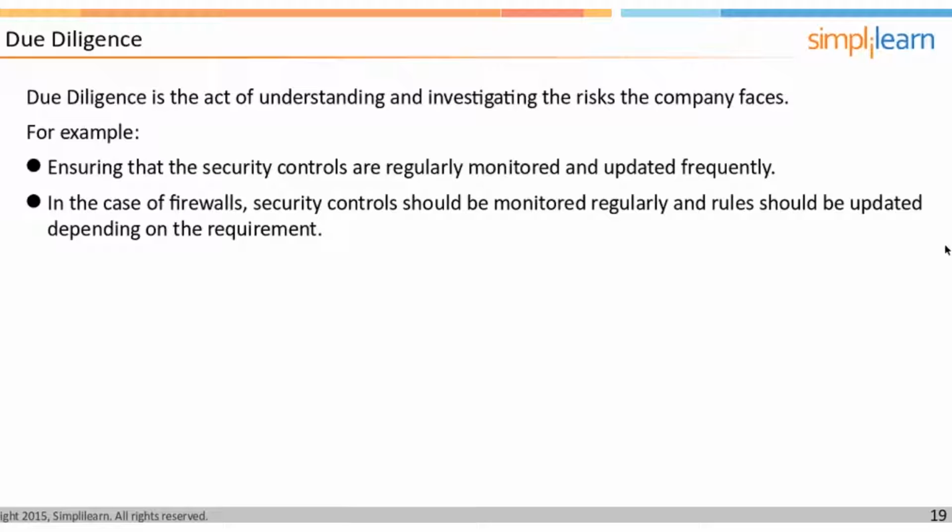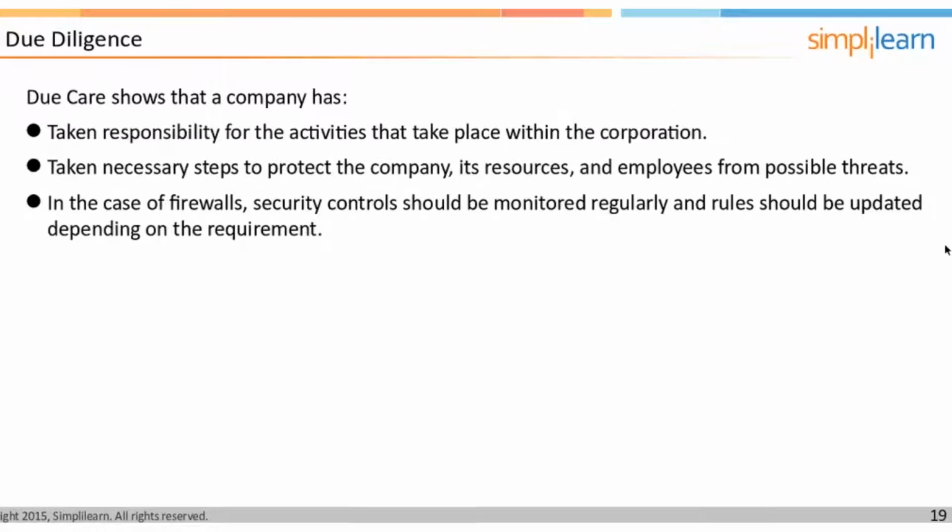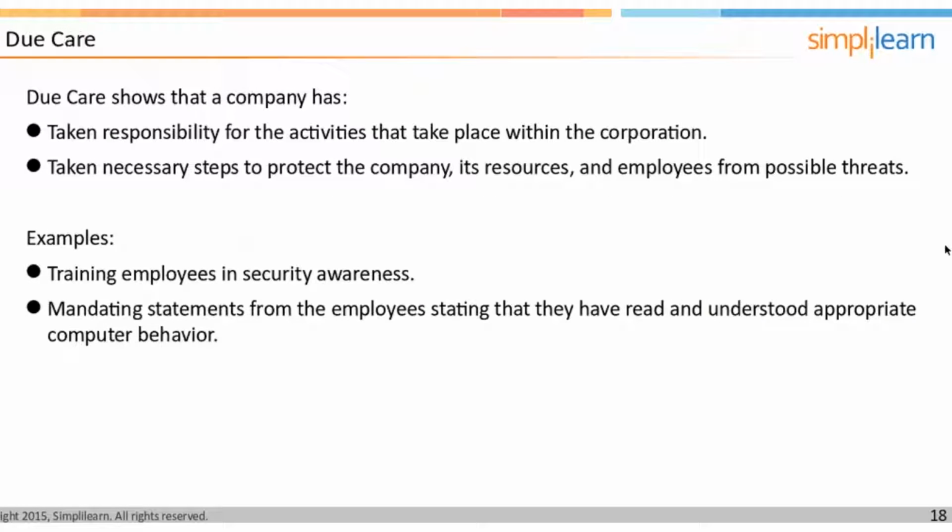And the question is, what are you going to do about that data? Your data tells you that, listen, your firewall is not configured properly, or that the employee background check that you've done shows they are not fit to be taken into the organization. So what are you going to do? That is answered by your due care activity. Due care is where, having known what the risks are, you take some reasonable action to mitigate those risks.